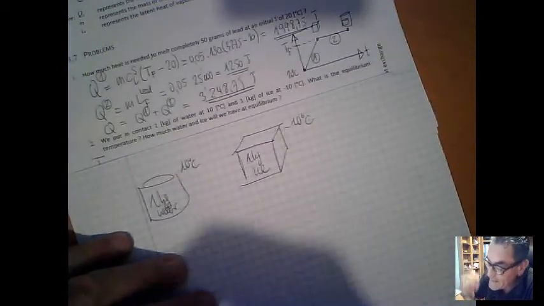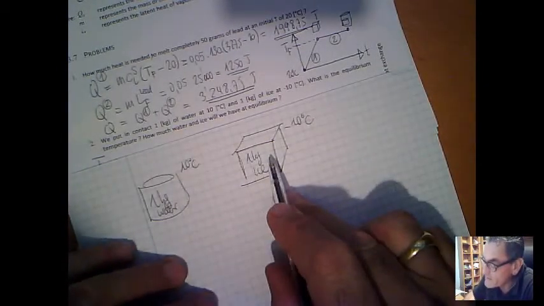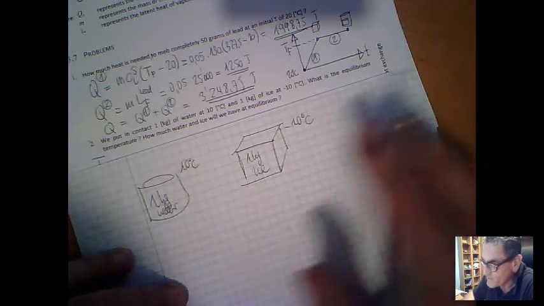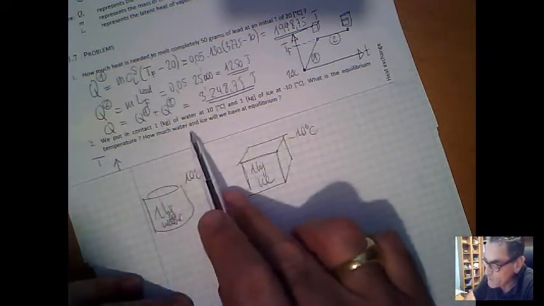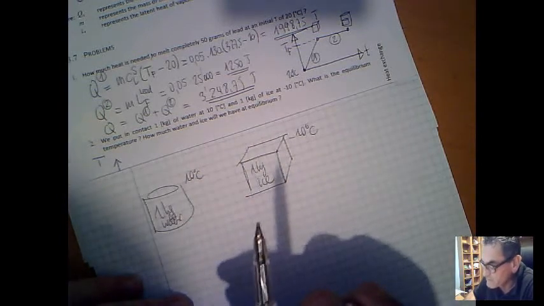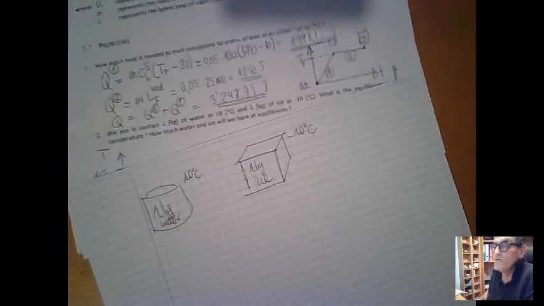And now we need to find the equilibrium temperature. That will be pretty easy to find. And how much water and how much ice will we have at equilibrium? So how can we solve that?